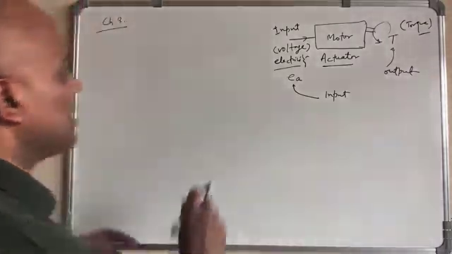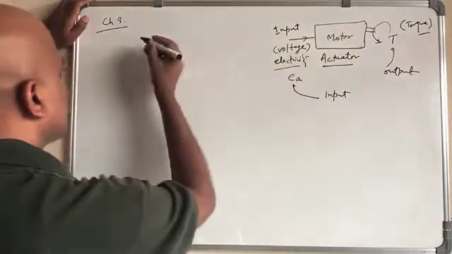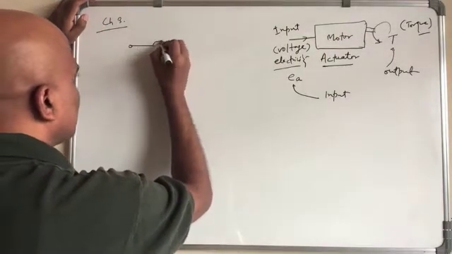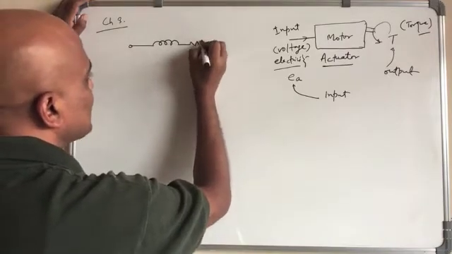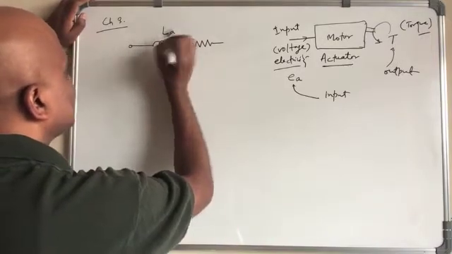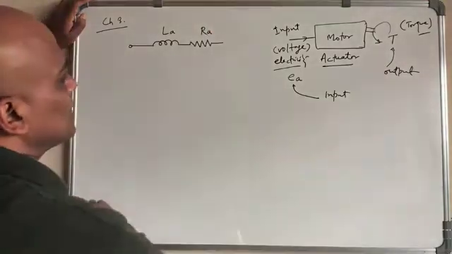So when it runs, that really means the system inside the motor will have a few things. There will be an inductor, which is because of the coil. Let's call it LA, inductance. Then there will be some resistance, RA.